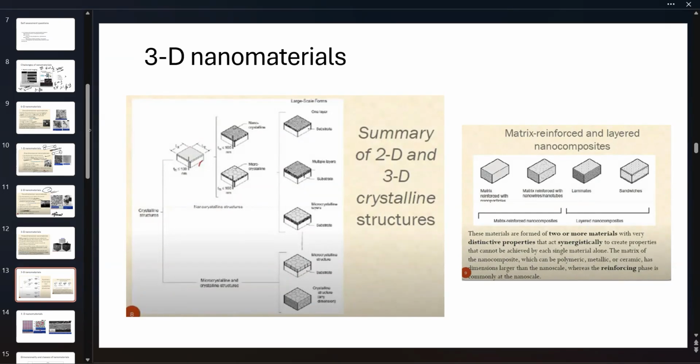If it's in the micron range, you call it crystalline. You can have different layers, each layer again less than 100 nanometers, and you can call it a nanomaterial.